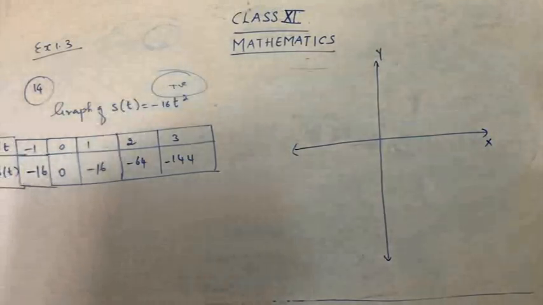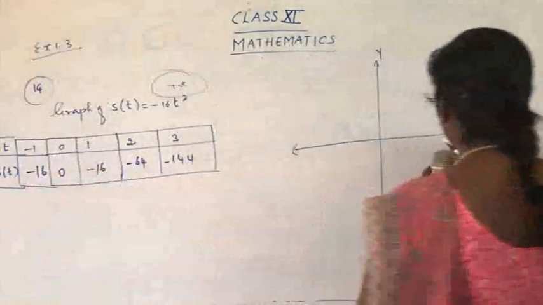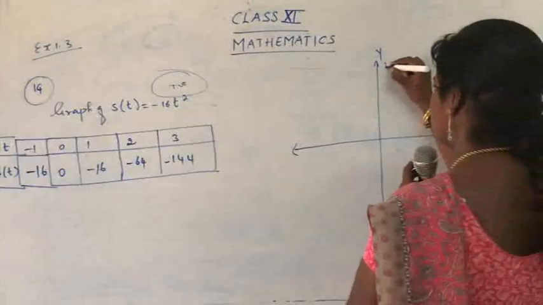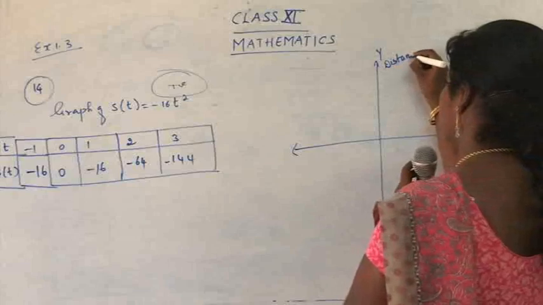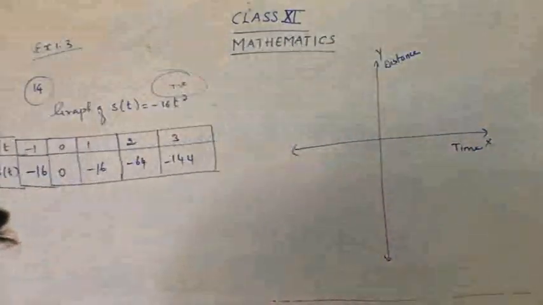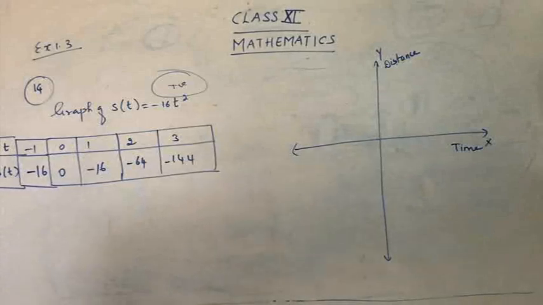From the x-axis you are going to take the value for time, and here we are going to take the distance. So now we have to take a proper scale. On the x-axis no need to worry about the scale. It's 1, 2, 3, 4, so we can just take the numbers as they are.